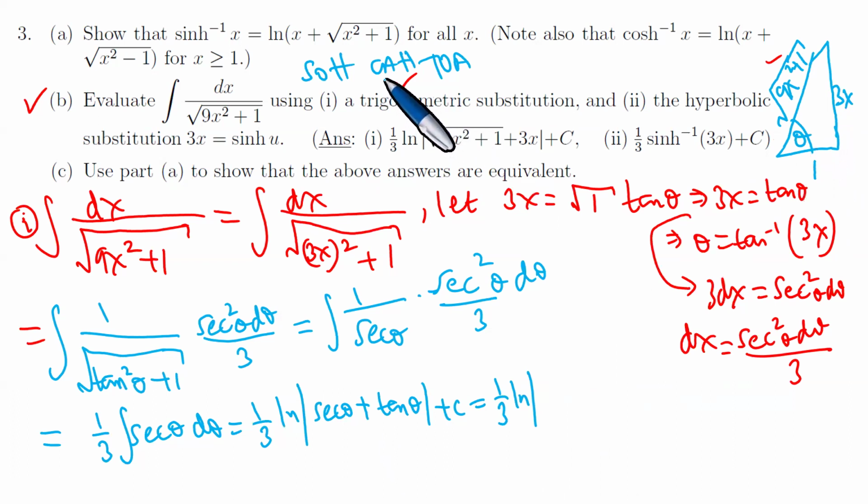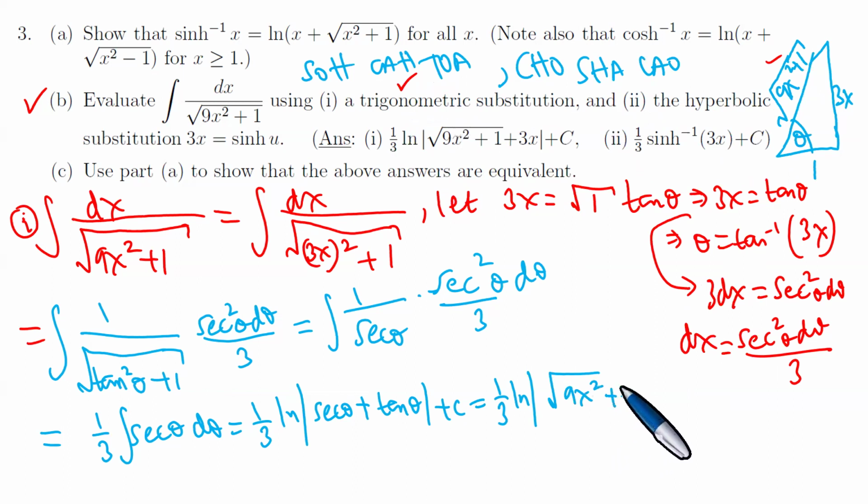The secant of theta becomes the reciprocal of the cosine, in view of SOHCAHTOA. So the cosine is adjacent over hypotenuse, but the secant is hypotenuse over adjacent. The hypotenuse is the square root of 9x squared plus 1.